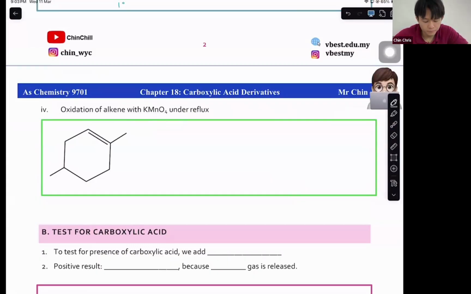Alright, let's go. Hot concentrated KMnO4.